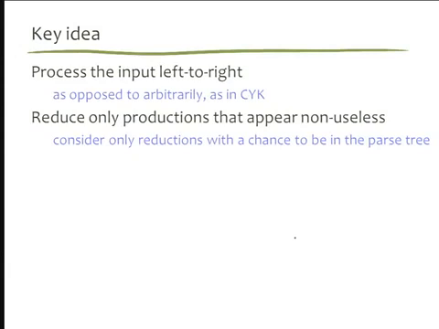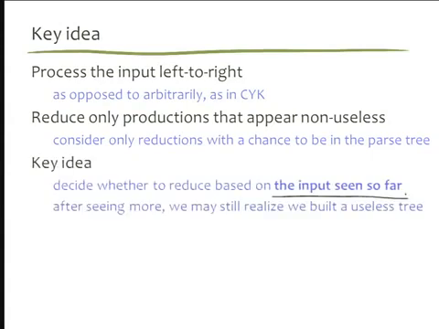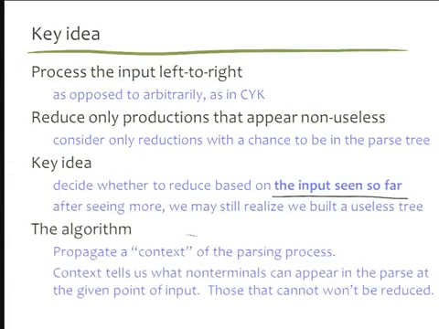So we look at the input seen so far and decide what edges we are willing to place. So we'll propagate a little bit of context of what we have seen so far. That context happens to correspond to where in the parse tree we might be. And we use that context to place only useful edges, effectively suppressing those that would be useless and cost us too much work.